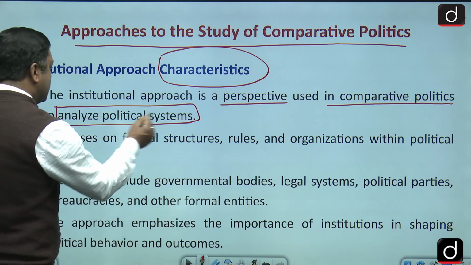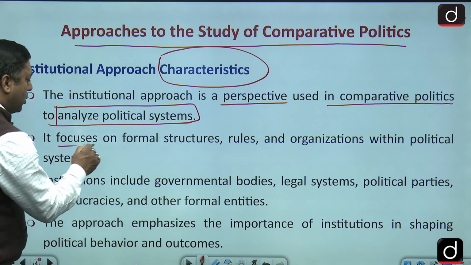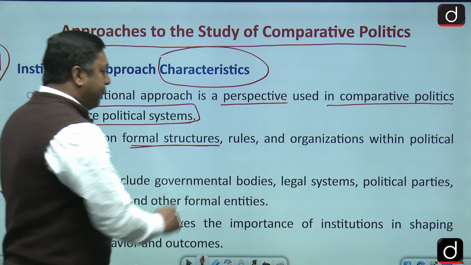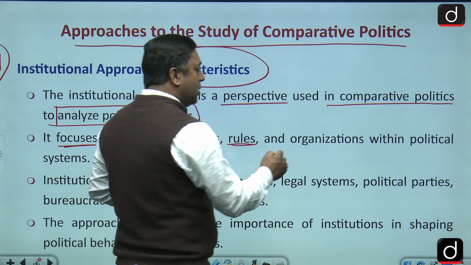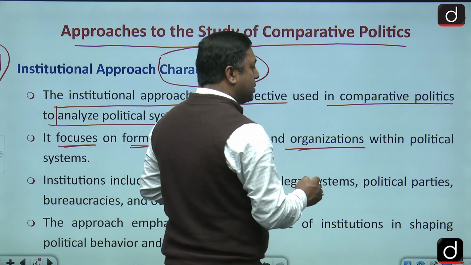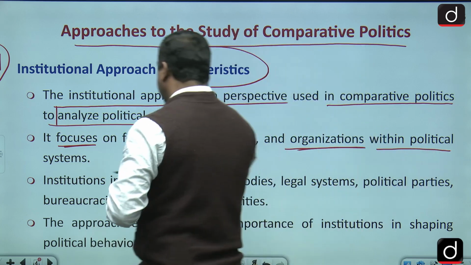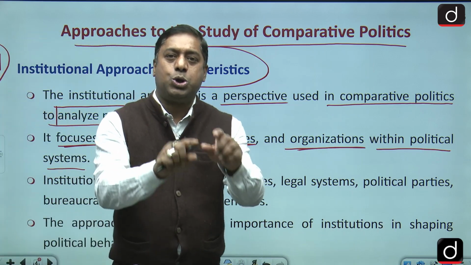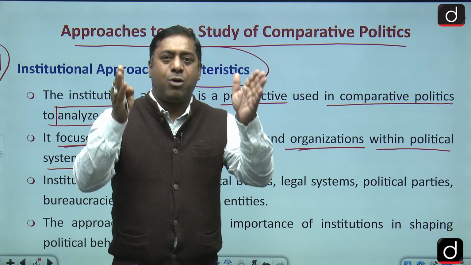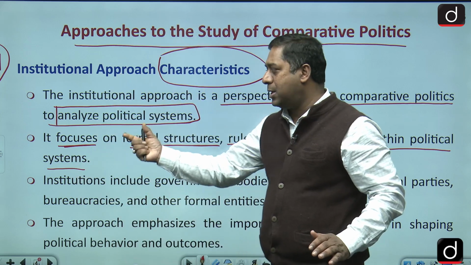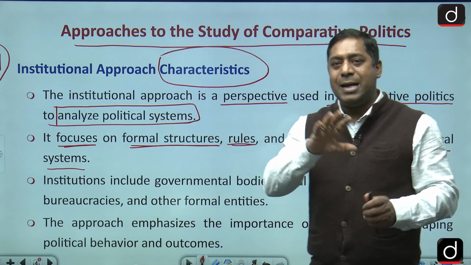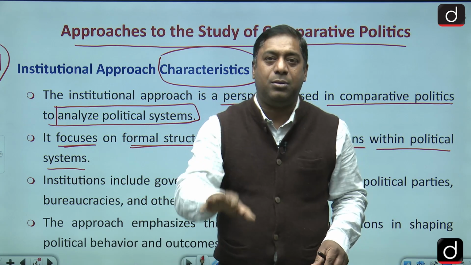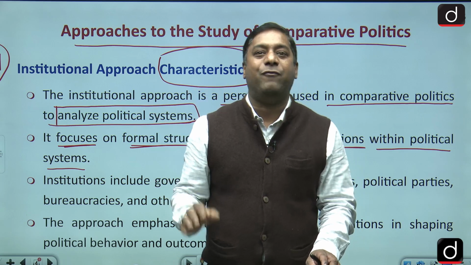While analyzing the political system, it focuses on the formal structure, the formal rules, and the organizations within the political system. Analyze means to study in depth, to find out everything.